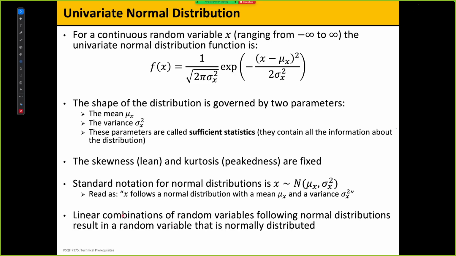The other thing I'll note is linear combinations of random variables that follow normal distributions. A linear combination is adding variables together, sometimes multiplied by a weight, like a number. The result of that linear combination is also a normally distributed variable as well. And so the normal distribution is everywhere. The multivariate normal distribution is everywhere, and it runs so much of what we do in statistics.